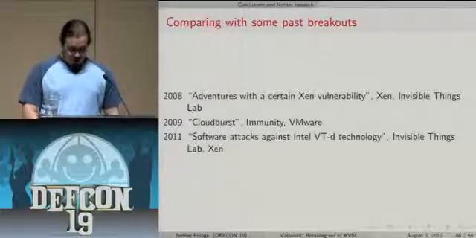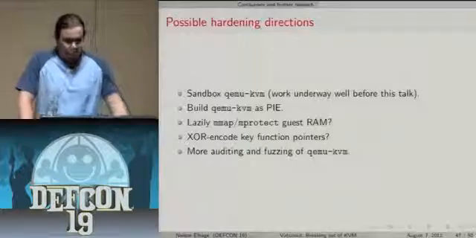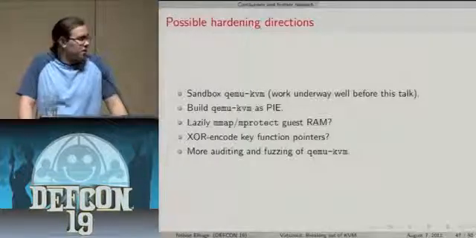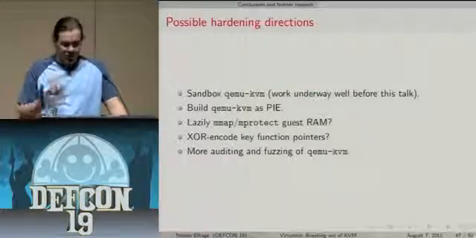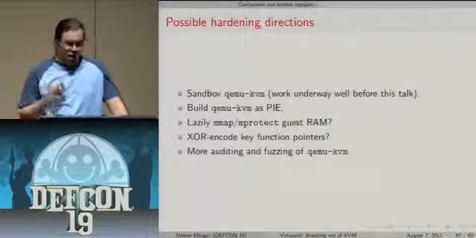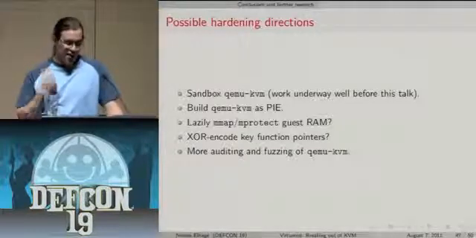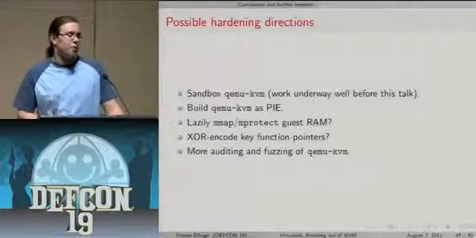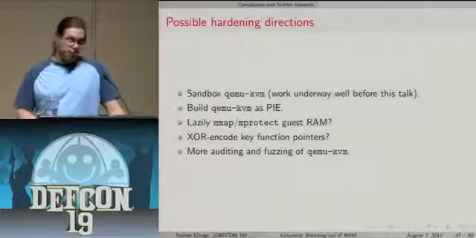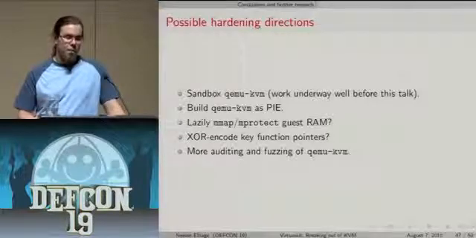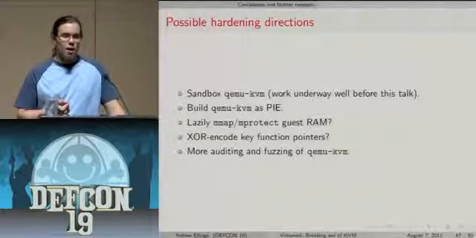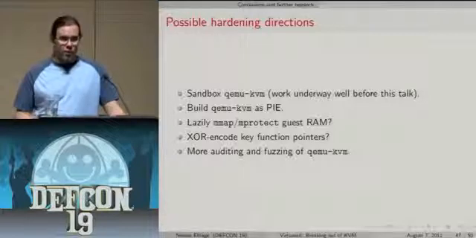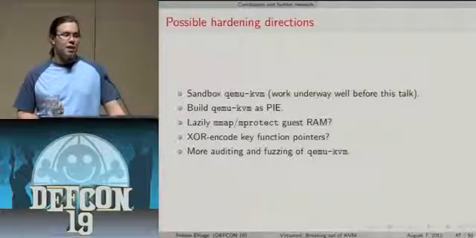So those are some conclusions. Some further work that I want to see done, and that I'm going to be pursuing, is in hardening KVM. The first takeaway is that you absolutely should be sandboxing QEMU KVM if you're running it in a production environment. Fortunately, if you're running it under Ubuntu or Red Hat via libvirt, they are already sandboxing it using SELinux and AppArmor.